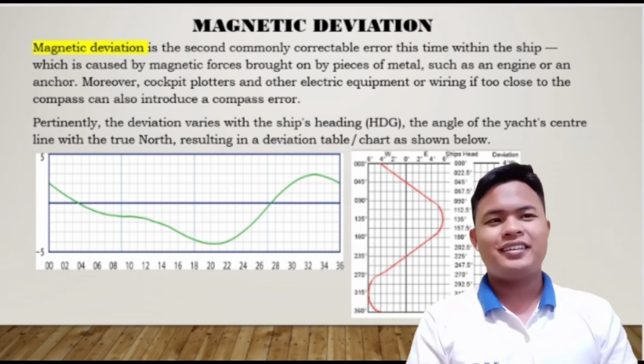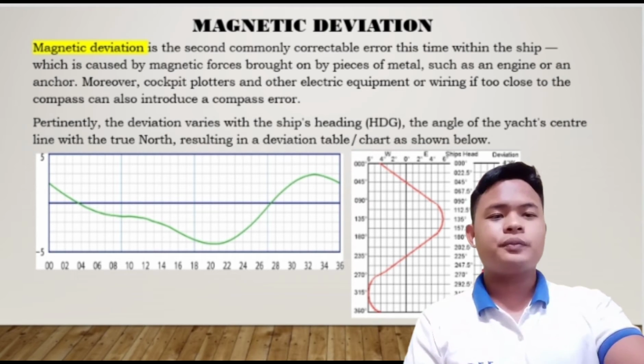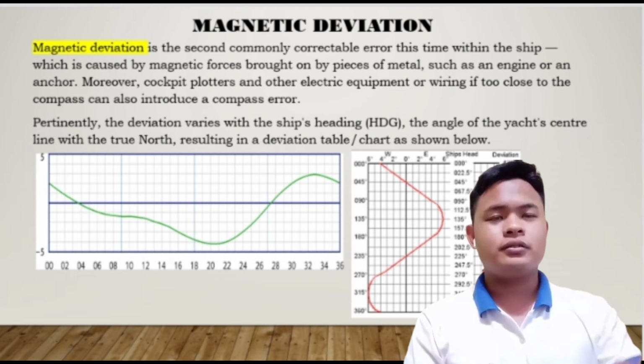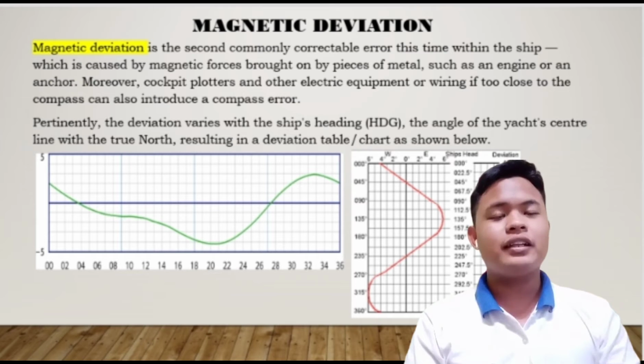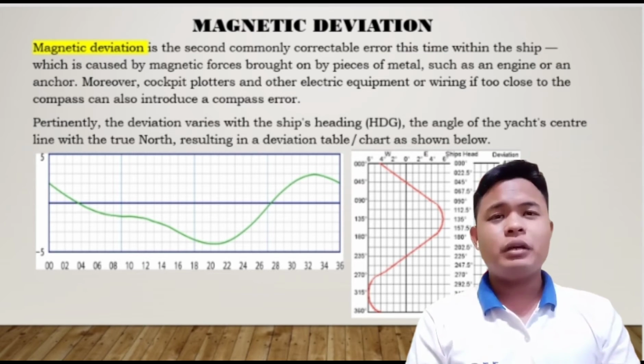We all know that the angle of the ship's center line with the true north results in the deviation table as shown below. As you can see in the table, we can use the curve to determine the value of the deviation on any heading. It may be necessary to interpolate between values.